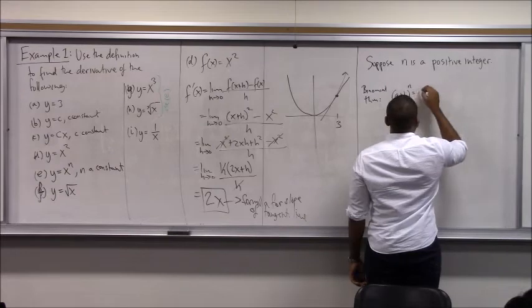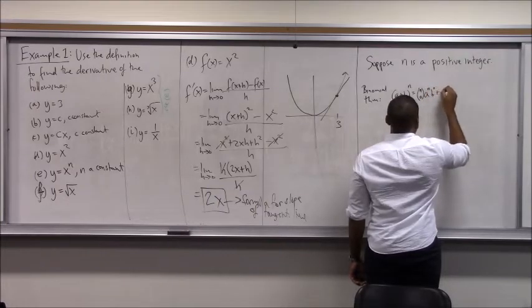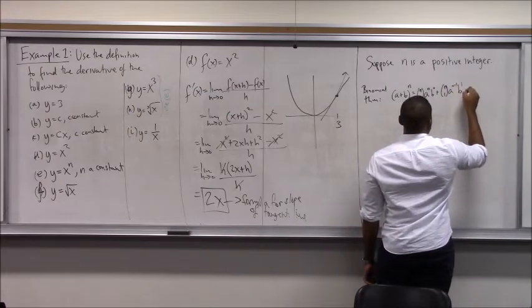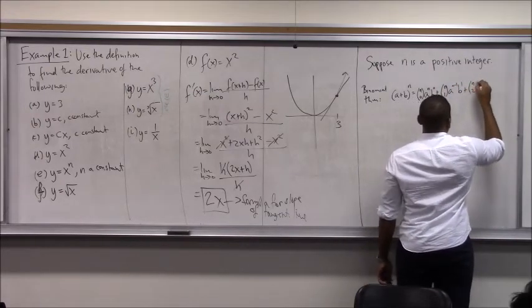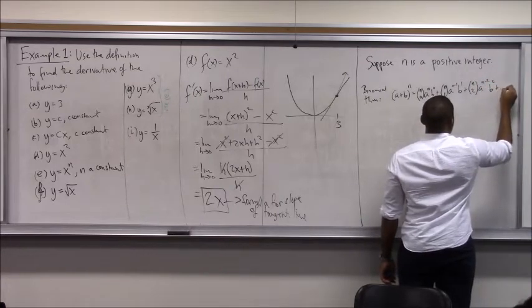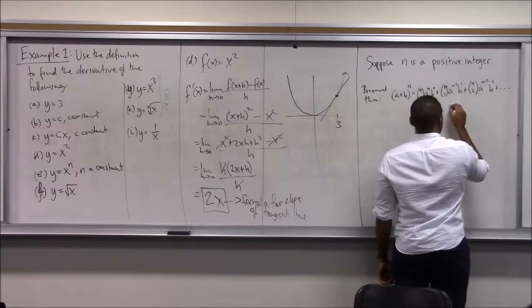It will be n choose 0 a to the n b to the 0, plus n choose 1 a to the n minus 1 b to the 1, plus n choose 2 a to the n minus 2 b to the 2, plus dot dot dot, and it will keep going until it gets up to n.